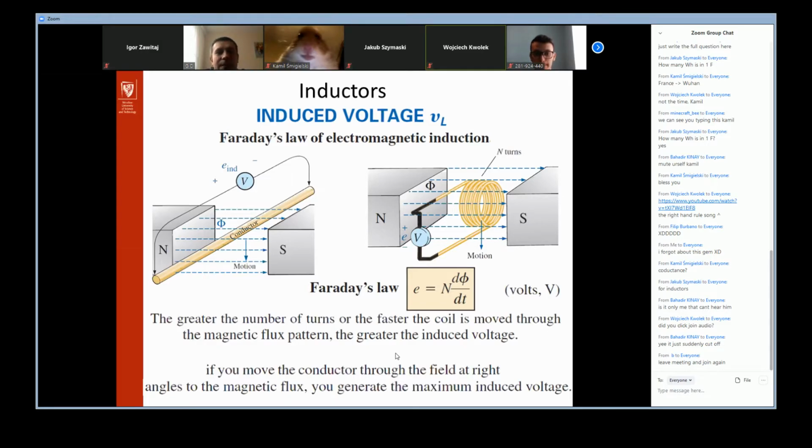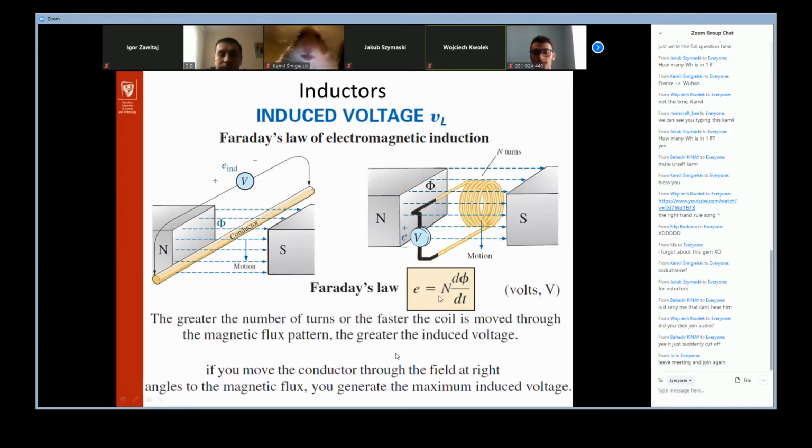Yeah, this is the Faraday law of electromagnetic induction. How does it work? You have to know, according to Faraday's law, that the induced voltage across the coil inside the magnetic field is given by that formula.